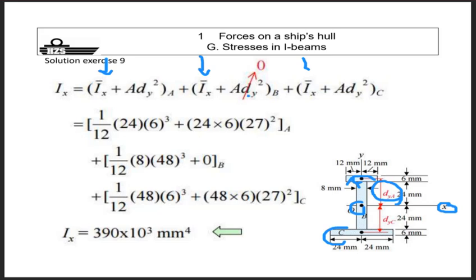Here, the distance is 0 because you are on the spot and it appears to be in the middle of your web. And then, of course, this correction is 0. And you just sum it all up, and you end up with the resistance against bending in case your bending takes place around this axis X.